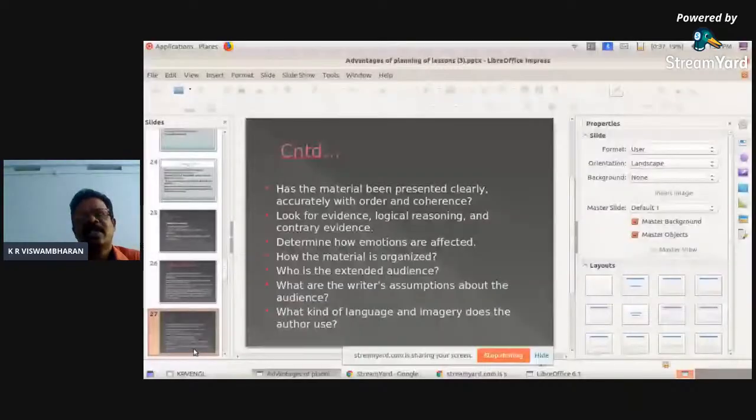It is very important. You are analyzing the material with these indicators: clarity, what the author has presented. Clarity is there, accuracy is there, cohesiveness is there, coherence is there.